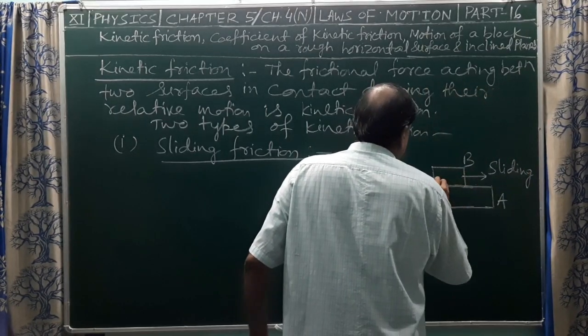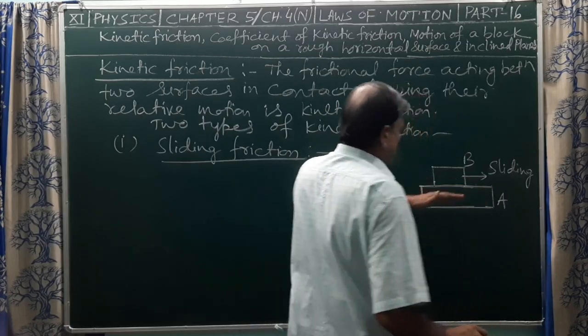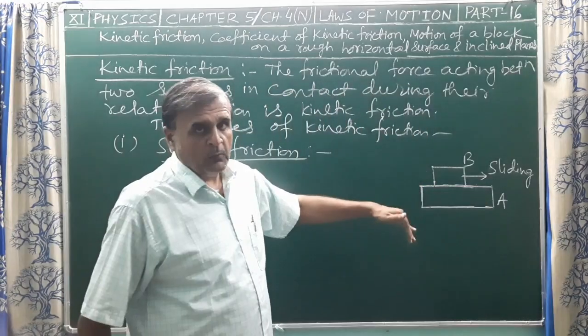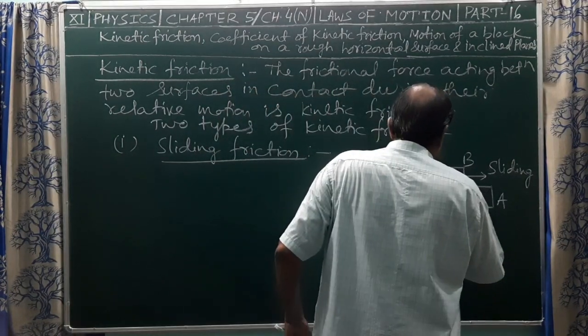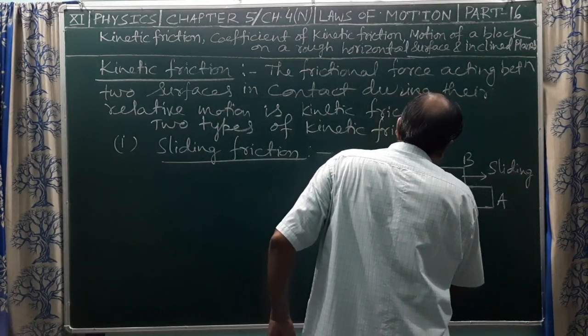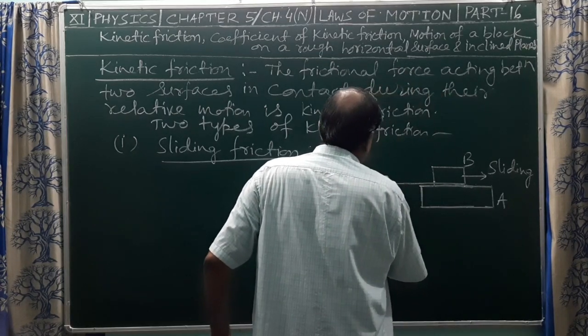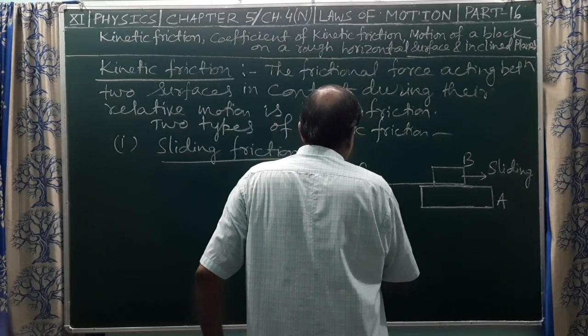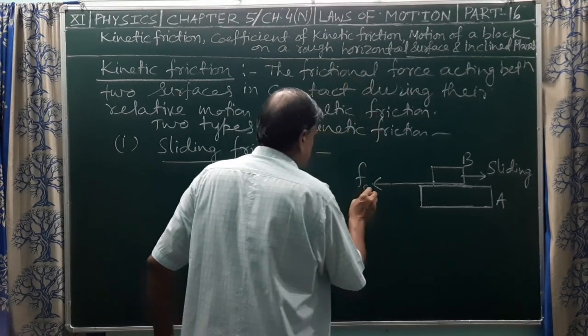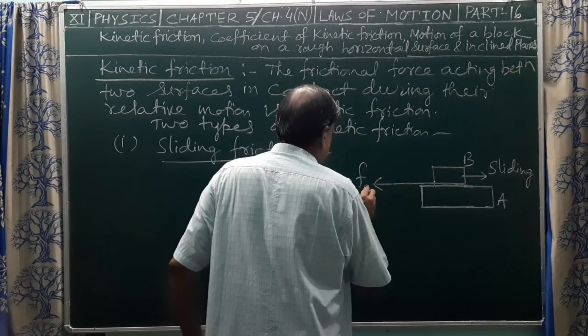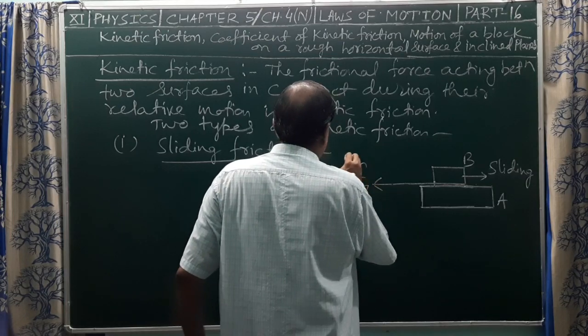Therefore, between the contact surfaces of blocks A and B, an opposing force is produced, and that opposing force is called sliding friction, Fs. It is also denoted by the symbol Fs. So it is sliding friction.